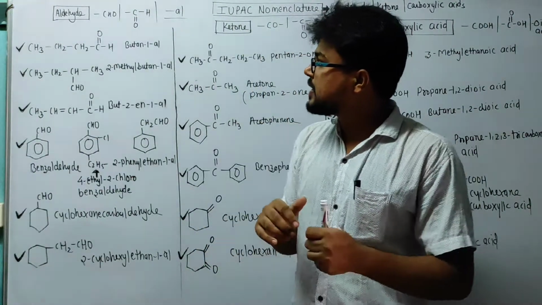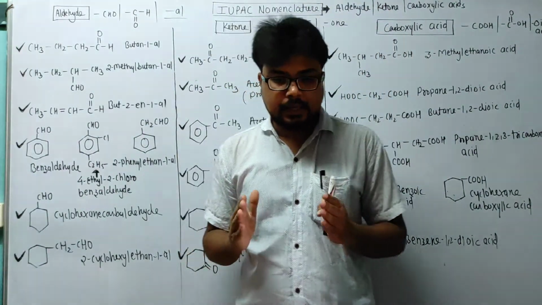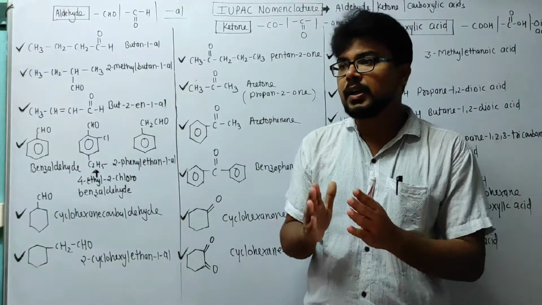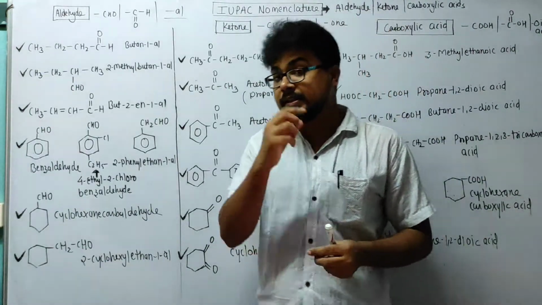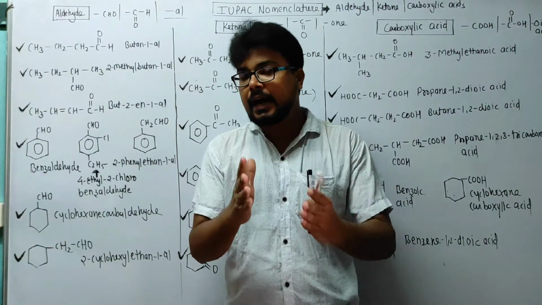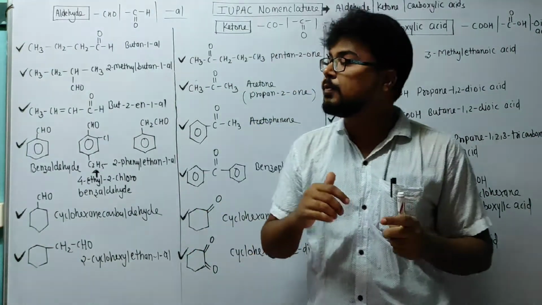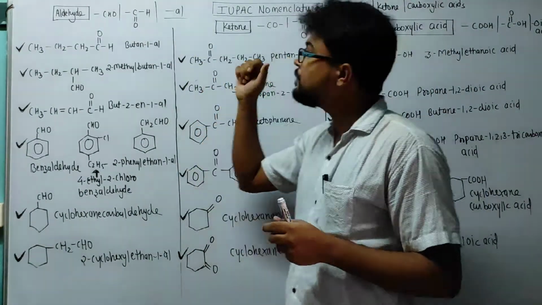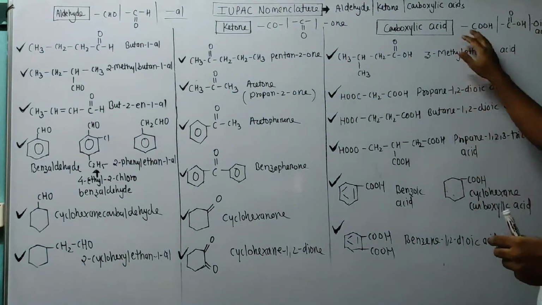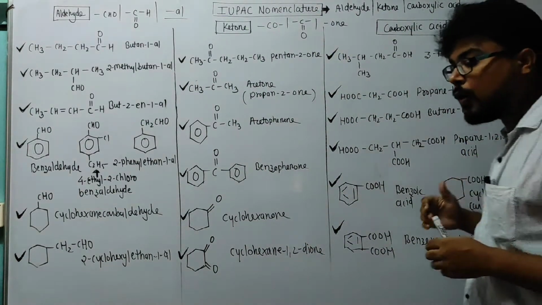Okay, and students, a very important concept I would like to discuss, that is the carbon in these functional groups. Aldehyde, that is CHO, ketone, that is CO, and the carboxylic acid, that is COOH.